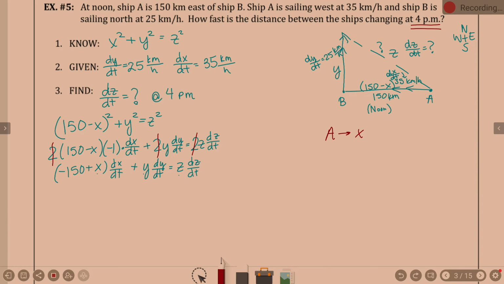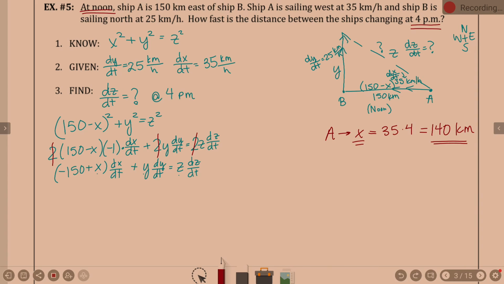It's traveling at a rate of 35 kilometers per hour. How many hours are we talking about? The problem started at noon. We're being asked at 4 p.m. So 35 times 4 is how far ship A will have traveled. And 35 times 4 is 140. That would be 140 kilometers. So that's ship A, which is the distance for x.